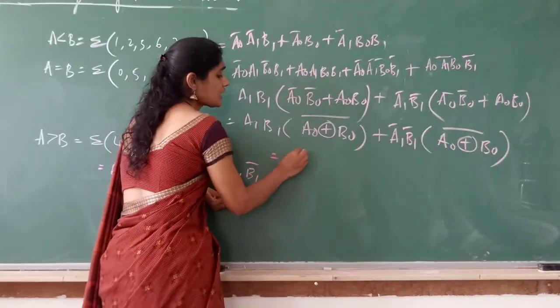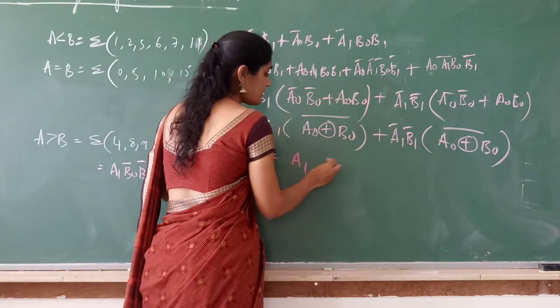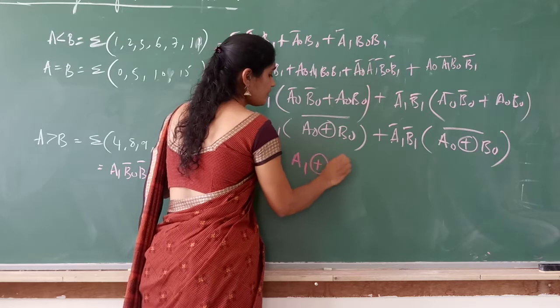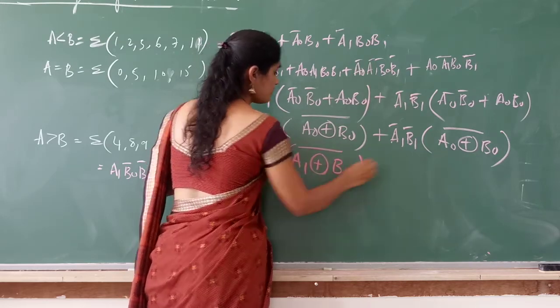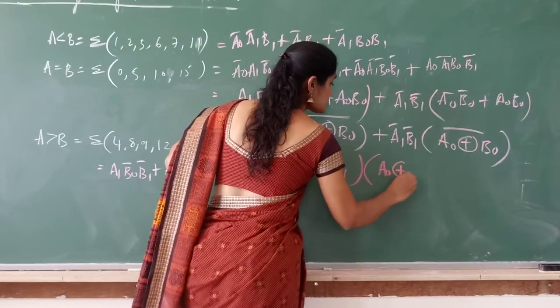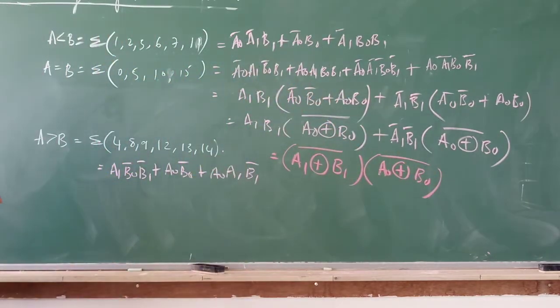This equation can be written as this. Just look at this: this is A1 B1 plus A1 bar B1 bar, so this is A1 XNOR B1 into A0 XNOR B0. If you simplify it further, we have A1 XNOR B1 into A0 XNOR B0.